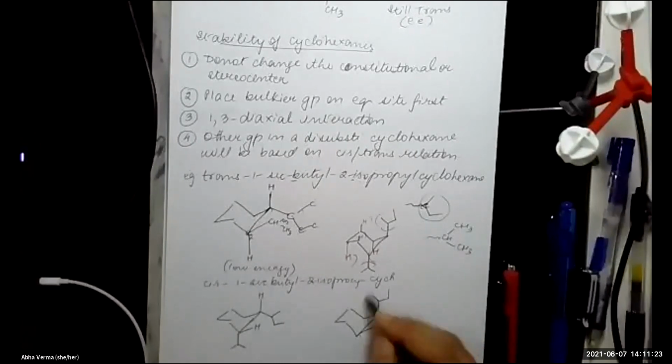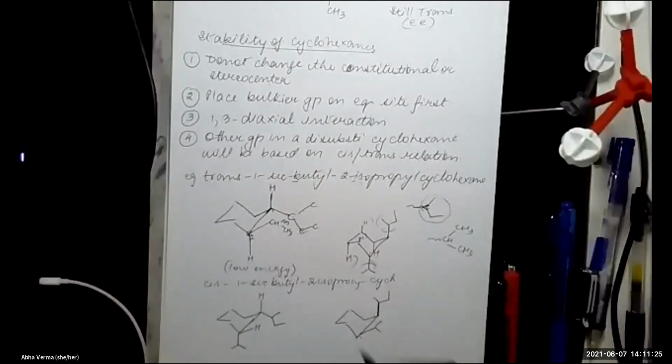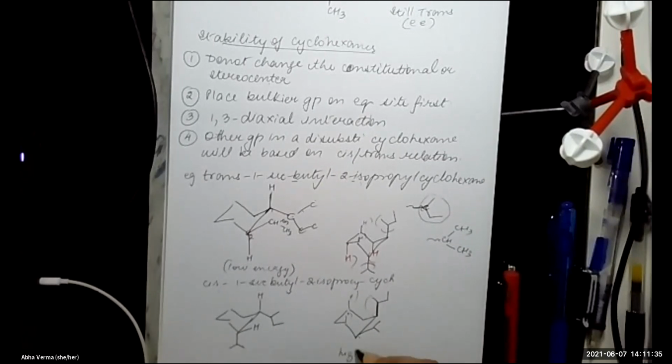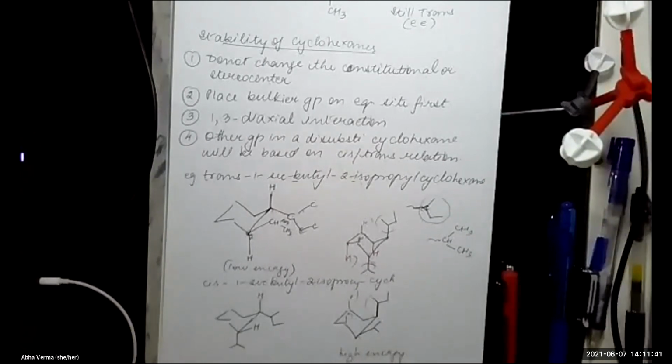But my bulky group is now in the axial position, which would mean more steric problems. So this will be the high energy conformation. Any questions so far? So drawing out your structures is also very important for this particular module.